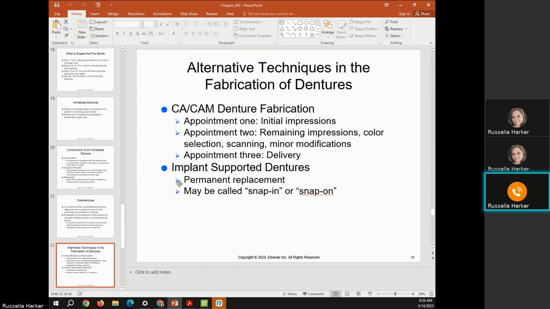Or with implant supported dentures, permanent placement may be called snap-in or snap-on dentures. So those are like the overdentures, but instead of being called overdentures, they're called snap-in or snap-on dentures.